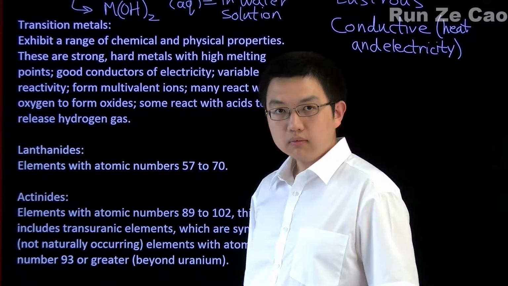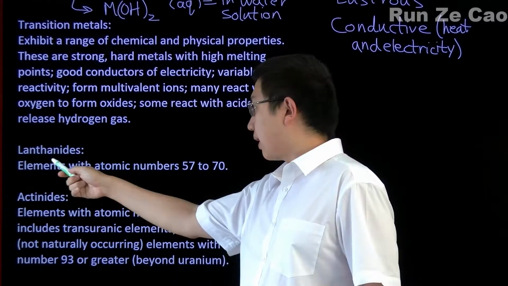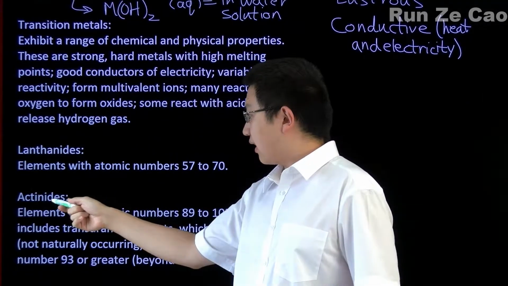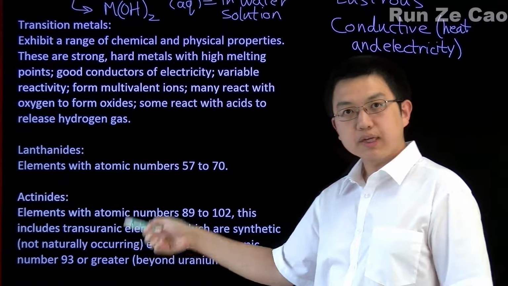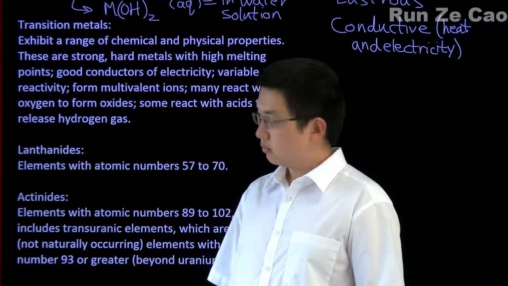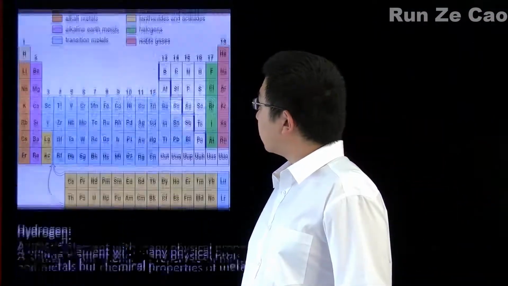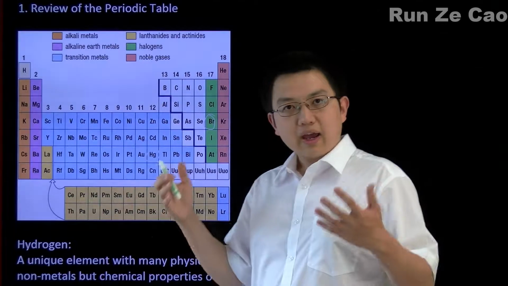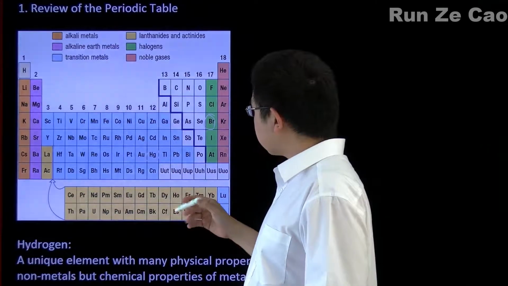So, within the transition metals, we have the lanthanides, which are elements with atomic number 57 to 70, and the actinides. Now, these begin to include artificial elements, which are not found in nature. And they are listed beneath the main table. Why are they listed here?